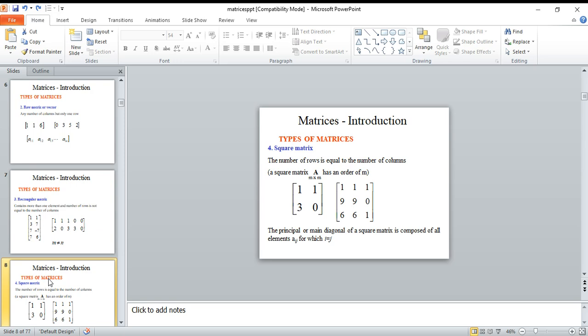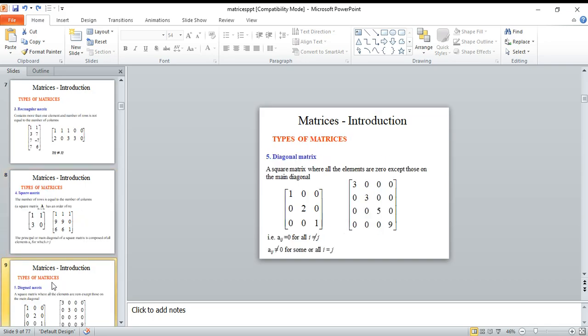Here the first column is 1 9 6, the second column is 1 9 6, the third column is 1 0 1. The principal or main diagonal of a square matrix is composed of all elements aij for which i equals j.